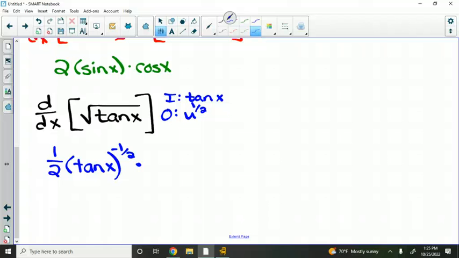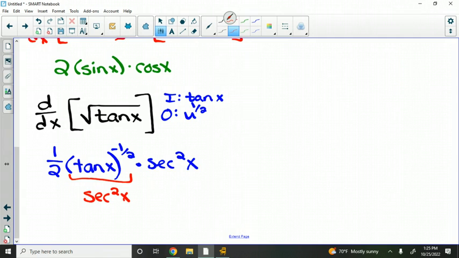Secant squared. The co's are the negative ones. Secant squared. And then this part has the negative exponent, so this part will bump down. And since 2 is in the denominator already right here, it can be written as secant squared x over 2 times the tangent of x to the 1/2 power. And if you want to make that a square root, that's fine too.